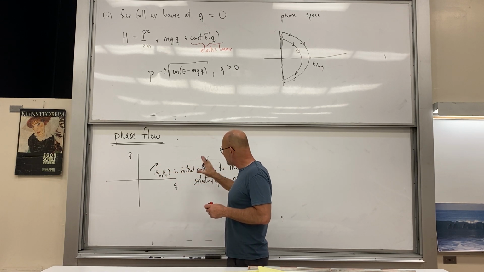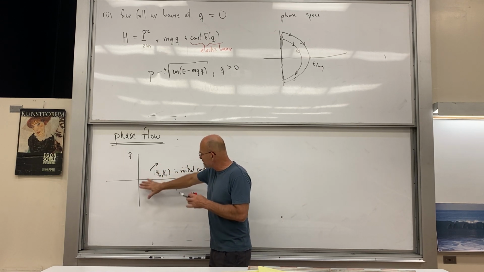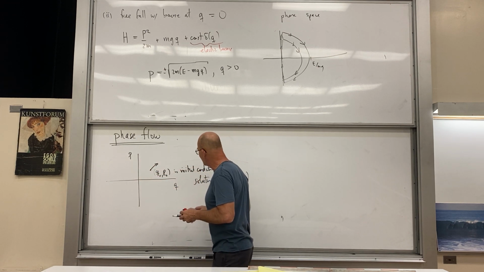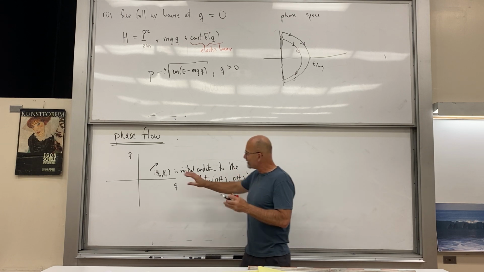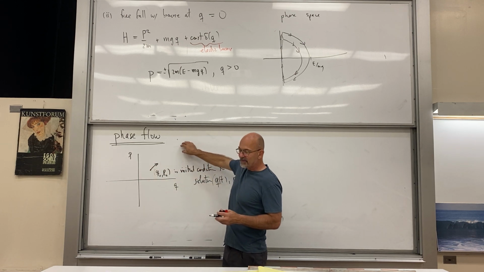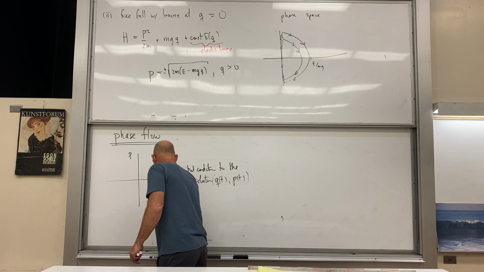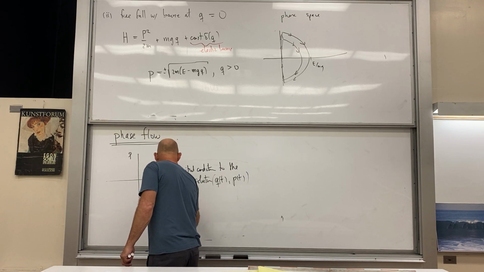So it's the initial condition to this solution, and we refer to this solution as the phase flow, because we have a bunch of phase points in this phase space, and if you take any one of them, the solution takes that point along a path, along the trajectory. So we call that the phase flow.